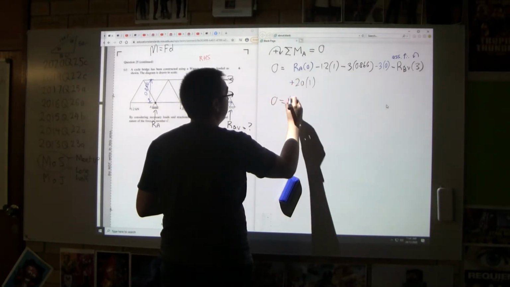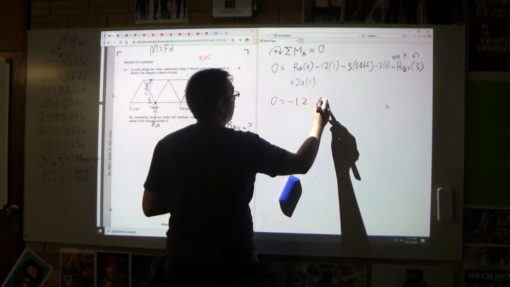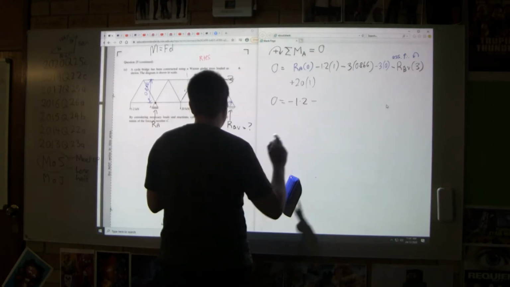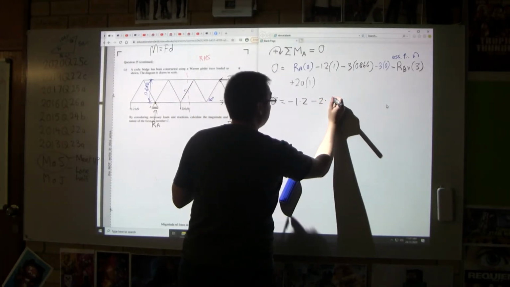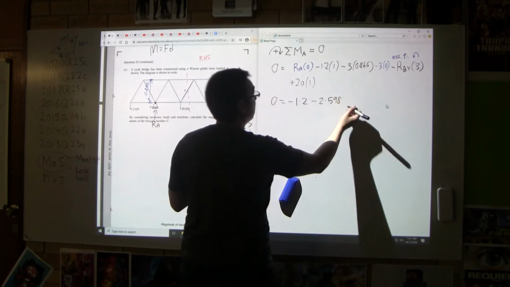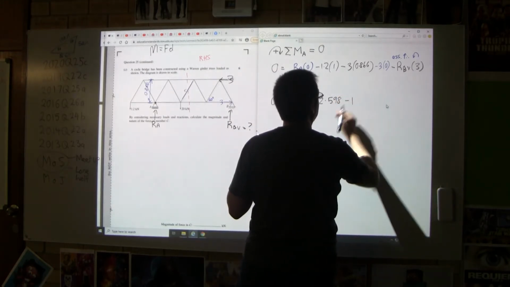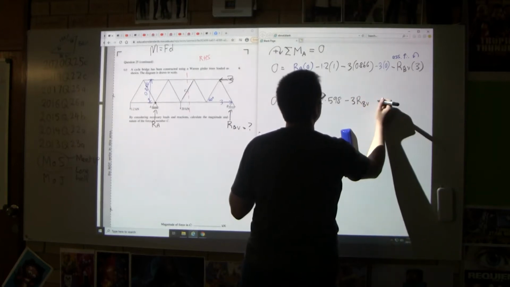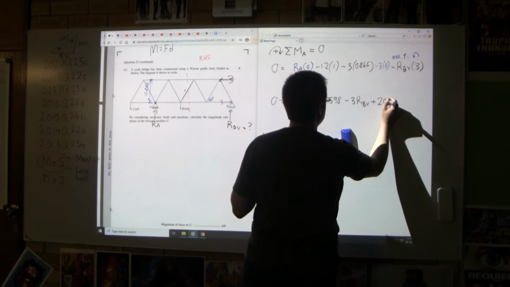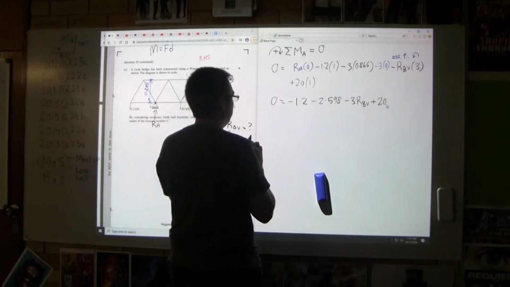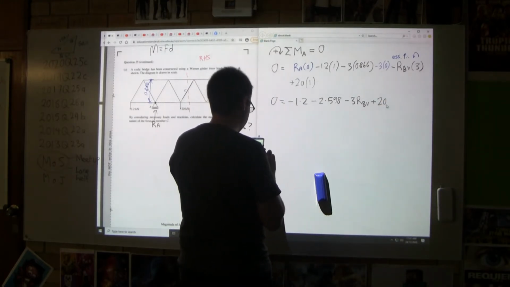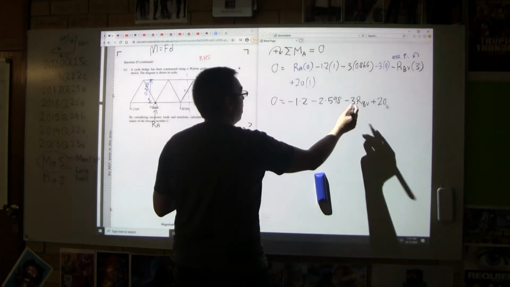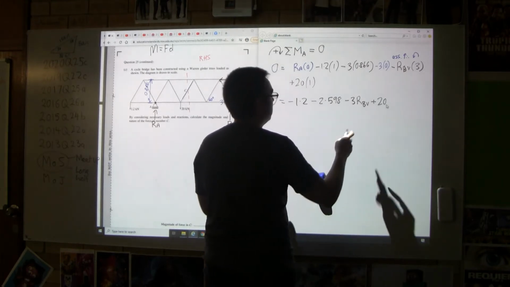What have we got? We've got 0 equals minus 1.2 minus 3 times 0.866 equals minus 2.598 minus 3RBV, and then plus 20. Okay, so if we take all these values, we're going to have 20 minus answer minus 1.2 equals, now I'm not going to do this every time, I'm just going to start moving.